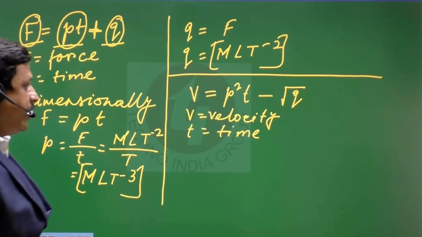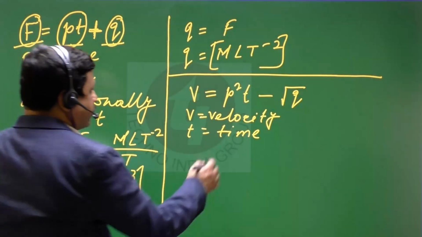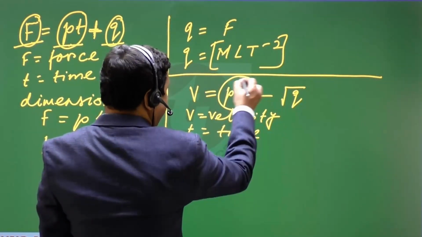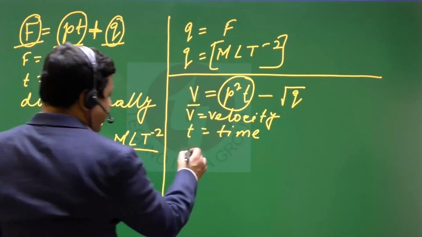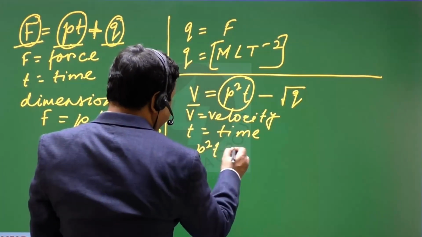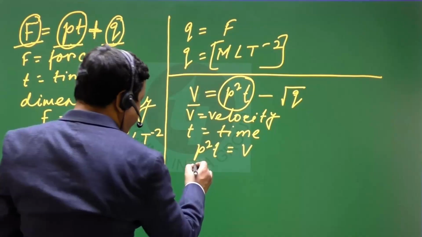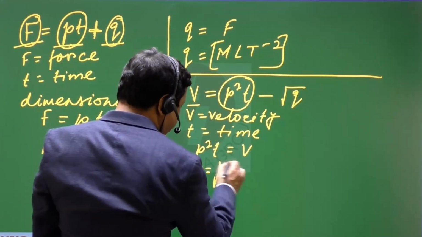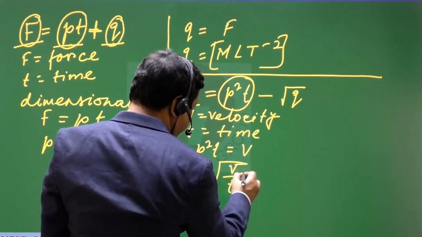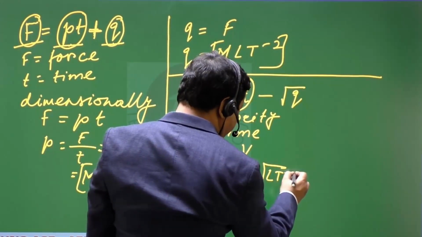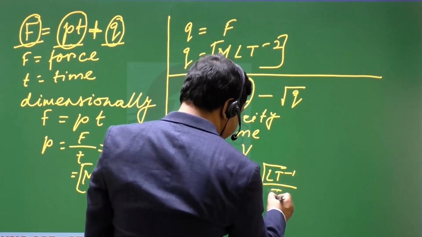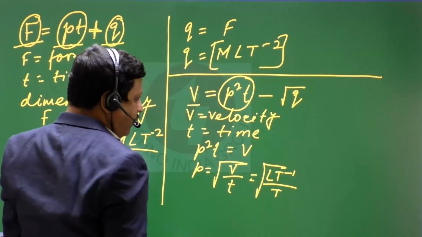Then you can write P square T and V have the same dimension, so P square T equals V. So P square will be V by T. V is L T to the power minus 1 and T is T, so L T to the power minus 2.